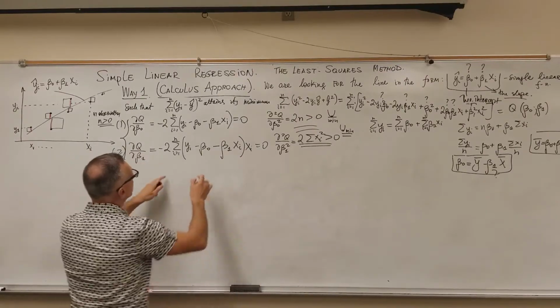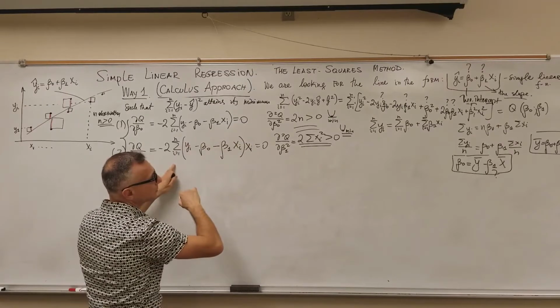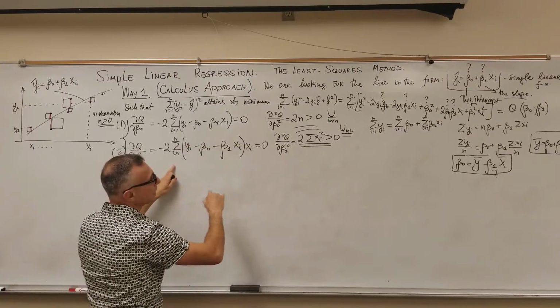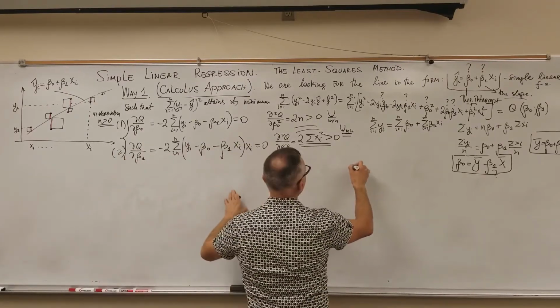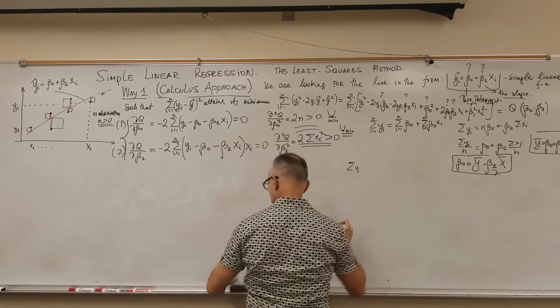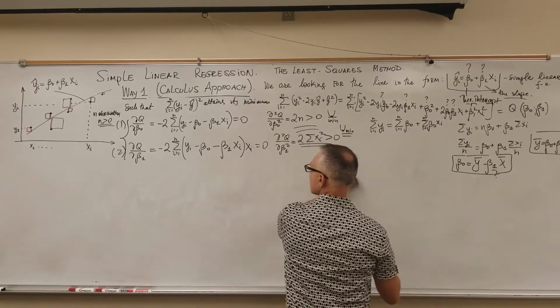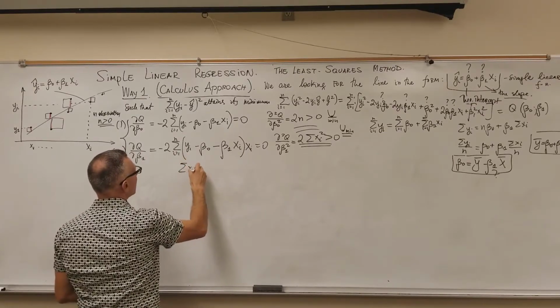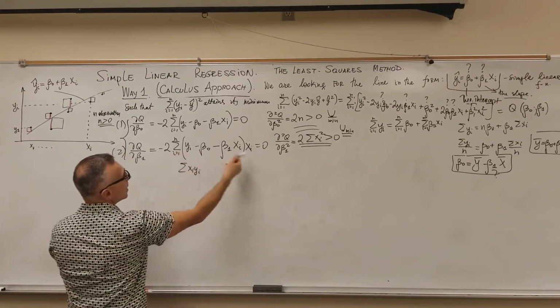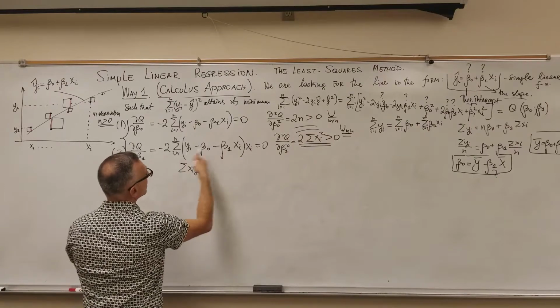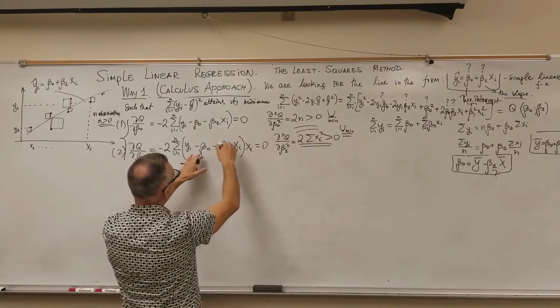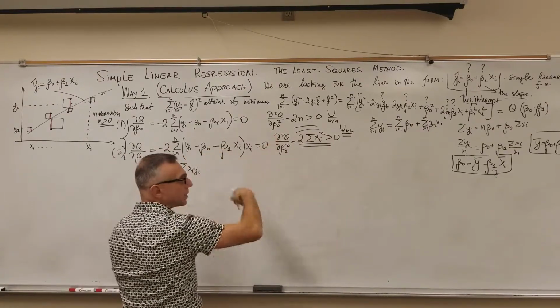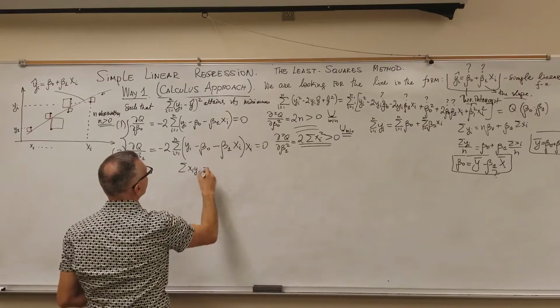From the second equation, solving this part, it will be the summation of xi yi, sum of xi yi, and those minuses under the summation will move to the right with the plus sign.